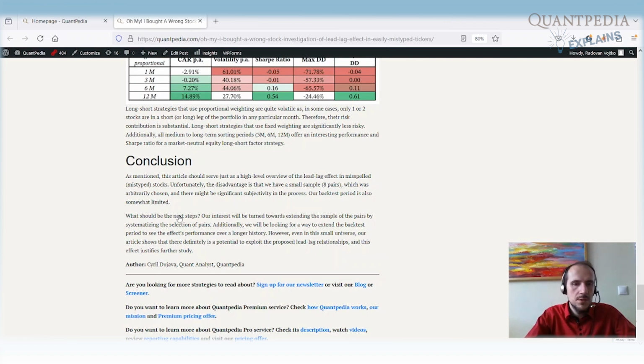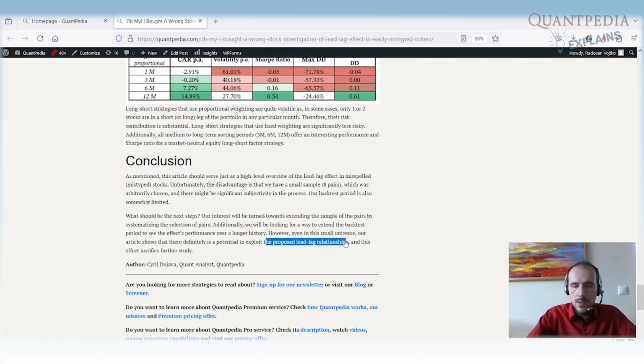So there are some steps that can be taken. We will definitely turn our interest to extending the sample of the pairs, to have a systematic selection of the pairs. We would like to see what the performance is over a long horizon. However, even in this small universe, so even when we have these 8 pairs, our article shows that there is definitely a potential to exploit the proposed lead lag relationship. So there is some relationship effect.